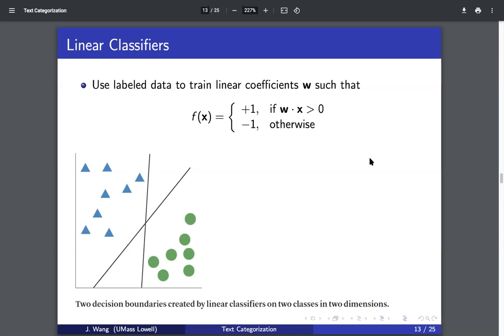And you have training data. The training data is classified into two groups. We usually use a plus to indicate that a data point belongs to the positive class.